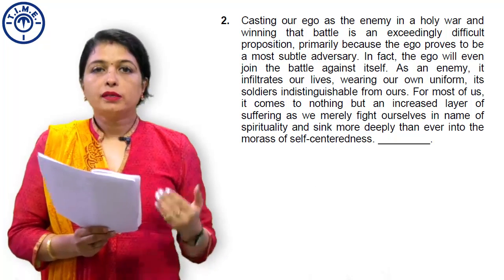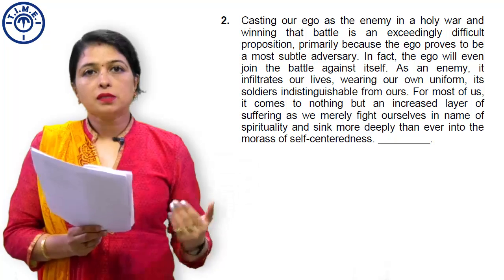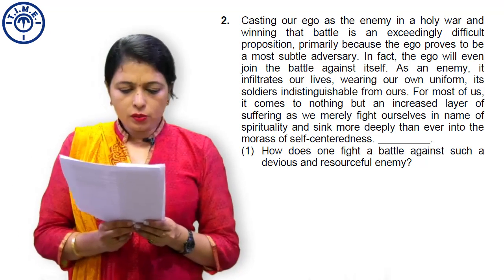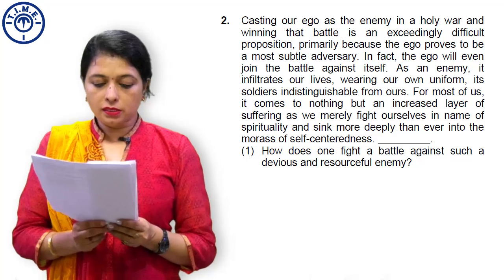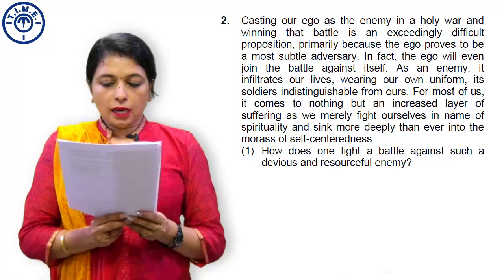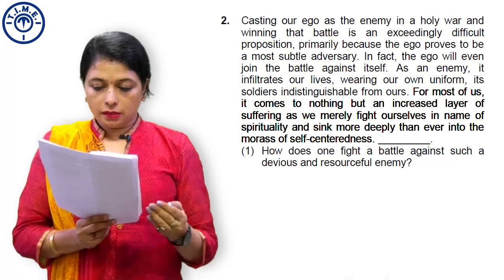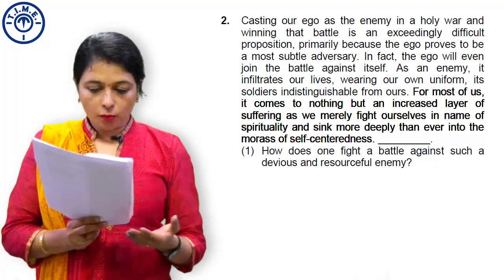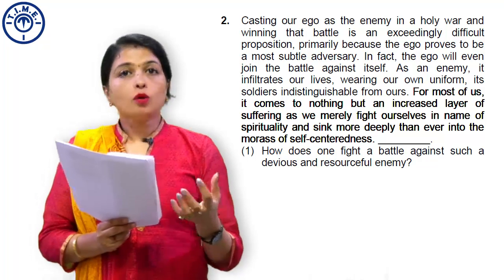Okay, so in this question, the idea is about how a person can cast one's ego aside. Read the options, I will read them out for you, and let us consider which is the best. The first one says, how does one fight a battle against such a devious and resourceful enemy? The last sentence tells us the effect of it, and this option is asking us how to fight a battle.